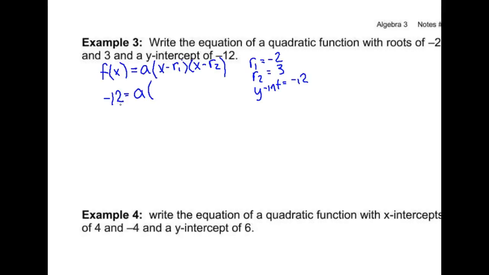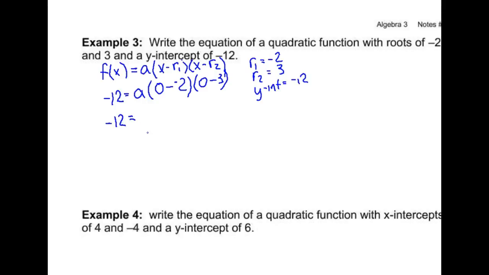So for the y-intercept, 0 is our x, and we subtract negative 2, which is the same thing as adding 2. And then we're going to plug in 0 again, and we subtract r2, so we subtract a positive 3. Now all we have to do is multiply everything out and see where we come. We have negative 12.